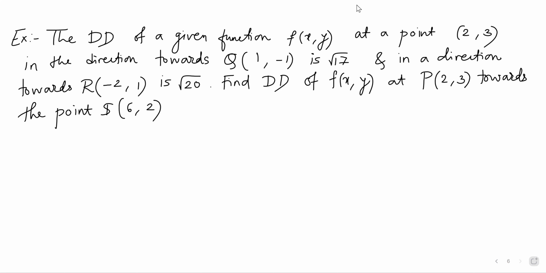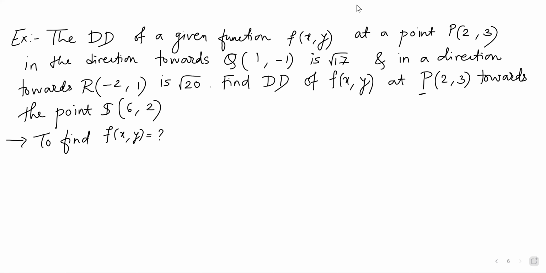The function is not given. But what they have given is the directional derivative at the point P, which is this point (2, 3). To find f(x, y) would be the first thing, then only the things are possible.